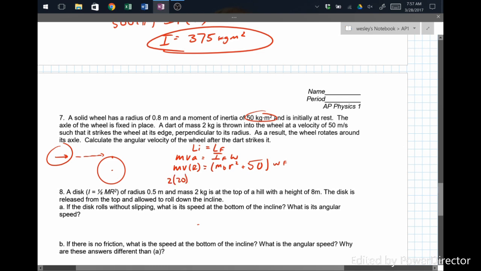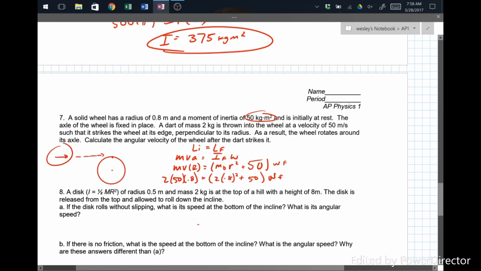2 times 20 times 0.8, 2 times 50 times 0.8 is equal to 2 times 0.8 squared plus 50 times omega final.